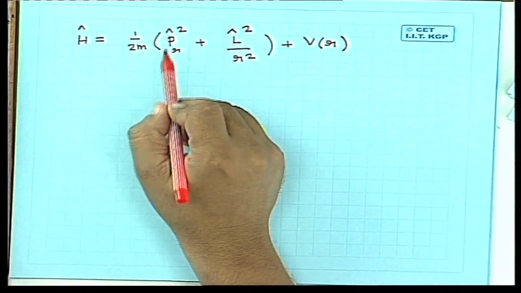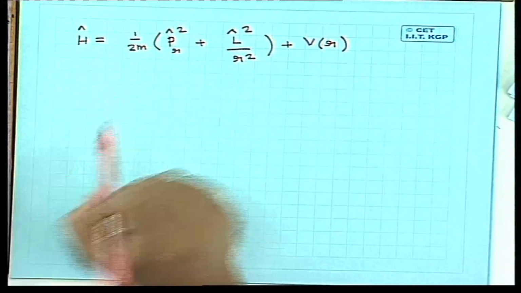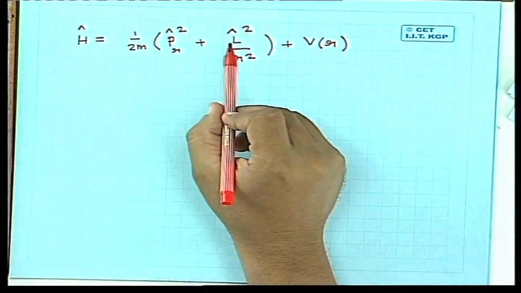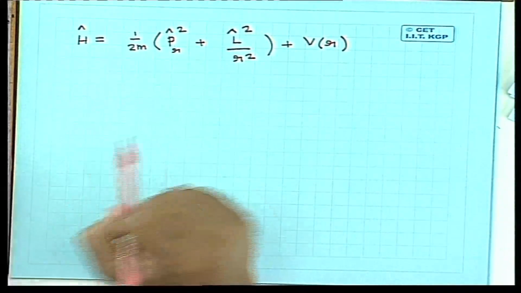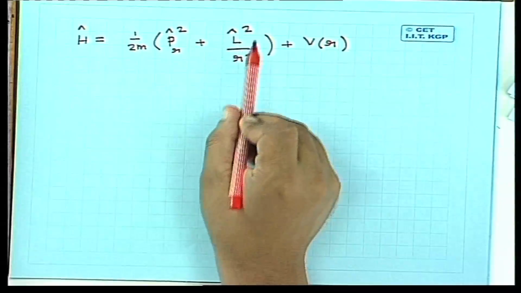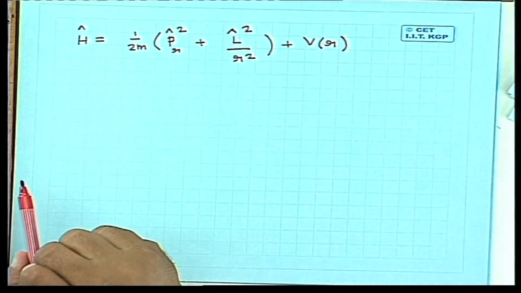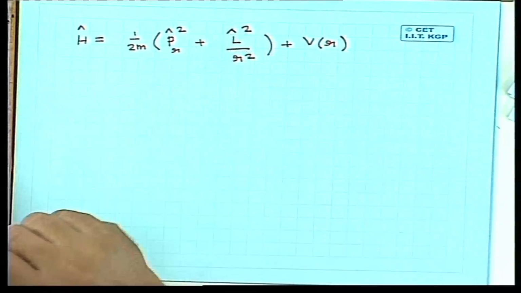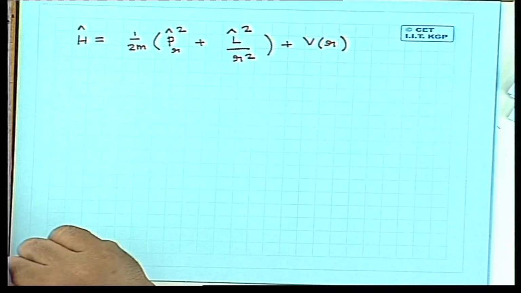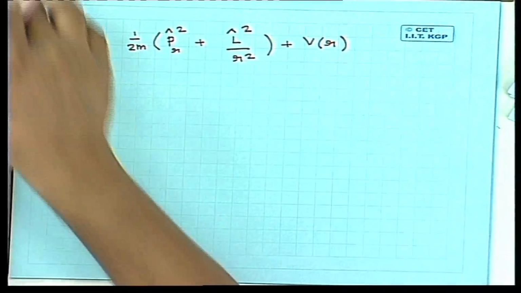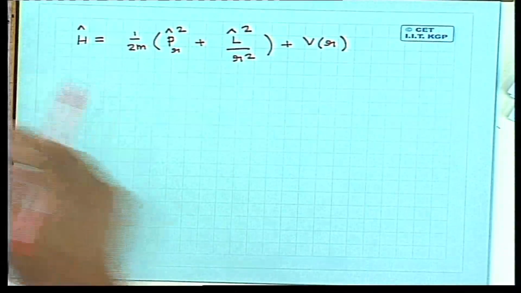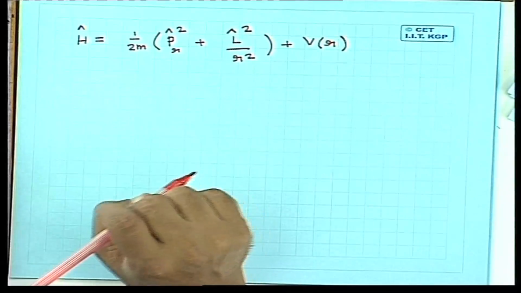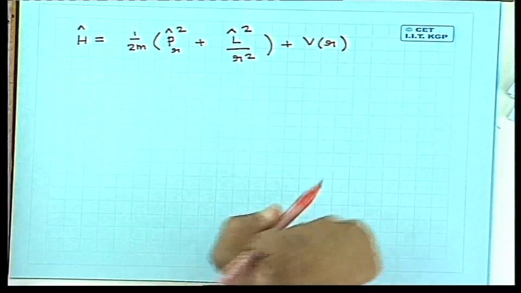The operator corresponding to the radial momentum involves just the radial derivatives, and it is the angular momentum squared, L squared term, which gives us the derivatives with respect to the angular coordinates. The separation of variables method separates these two parts into two sets of equations. So the angular dependence of the wave function is basically just the solution of the angular momentum problem.